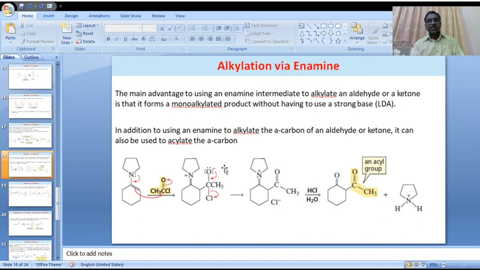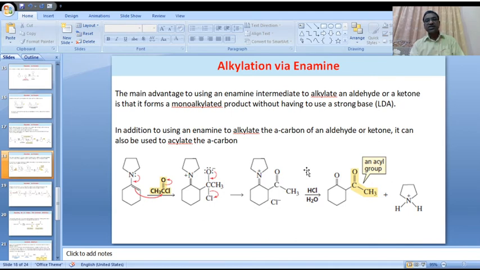Here the negative charged oxygen's pair of electrons donates to the inner side. Here loss of Cl minus, the chloride ion is removed from the reaction. This acyl group, COCH3, bonds with the alpha carbon. This is about acylation.